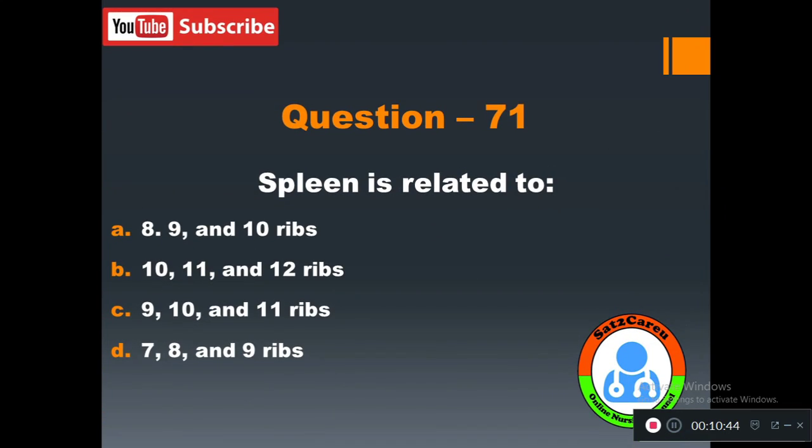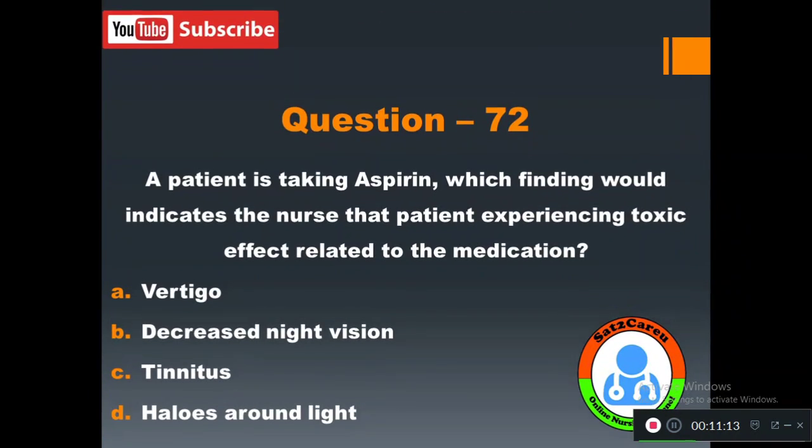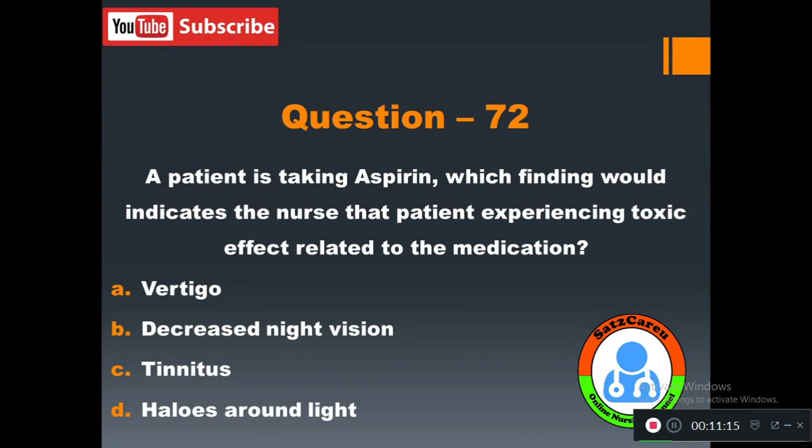Question 71. The spleen is related to option A 8th, 9th and 10th ribs, B 10th, 11th and 12th ribs, option C 9th, 10th and 11th ribs, option D 7th, 8th and 9th ribs. The spleen is related to option C, the 9th, 10th and 11th ribs. Question number 72. A patient is taking aspirin.